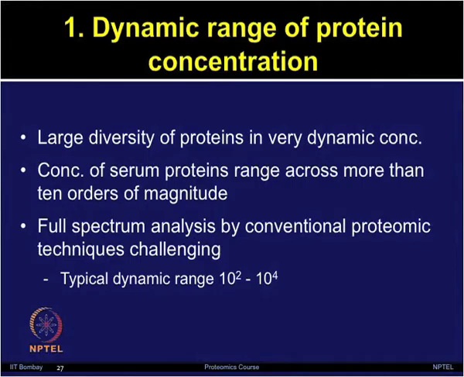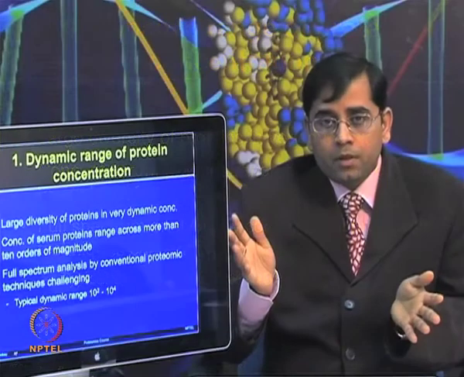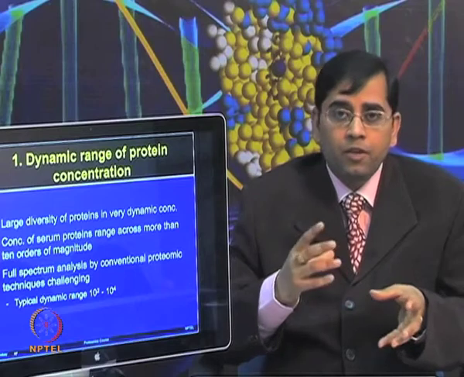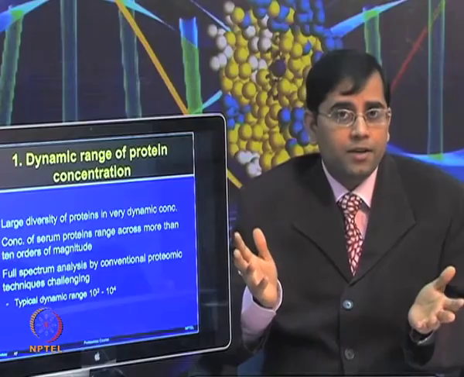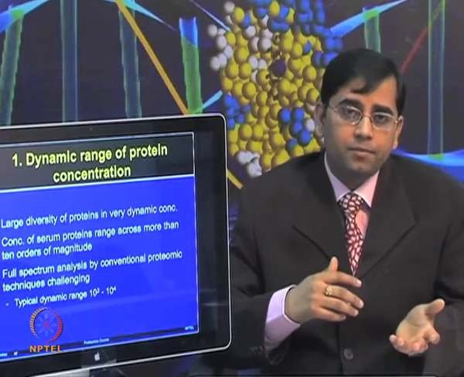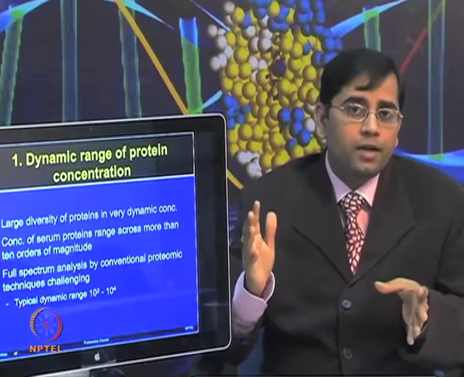If you want to obtain the full spectrum of serum or plasma by applying any of the conventional proteomic techniques, it is very challenging, because the typical dynamic range for any of these techniques, any of these platforms will be much smaller, between 10 to the power 2 to 10 to the power 4. So, how do we capture all the dynamic events which are happening in the serum if the dynamic range of the proteins is very large and your detection techniques are not able to capture that whole dynamic range?